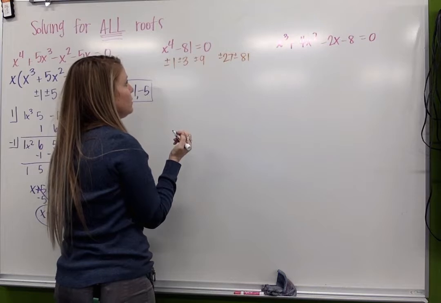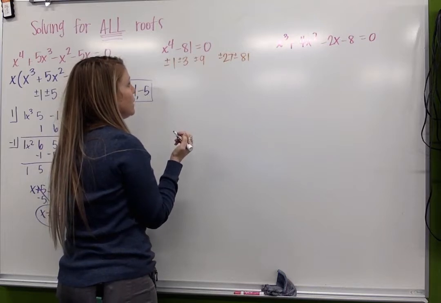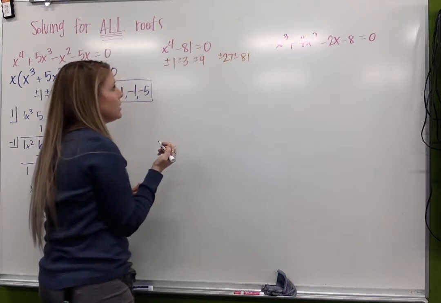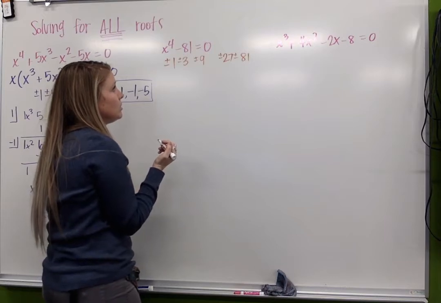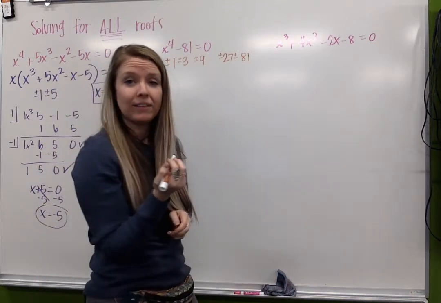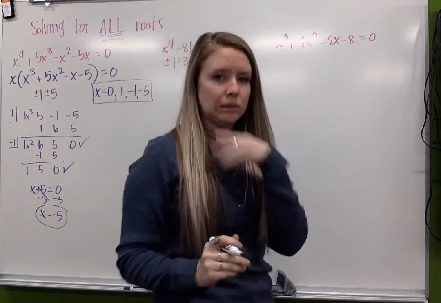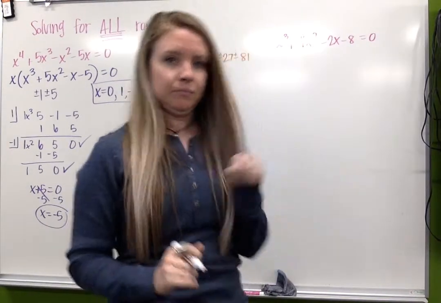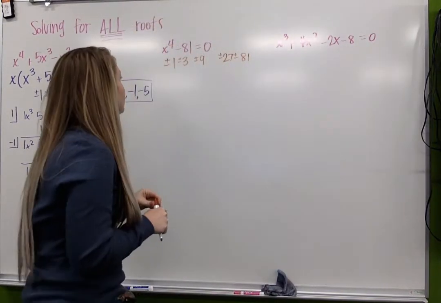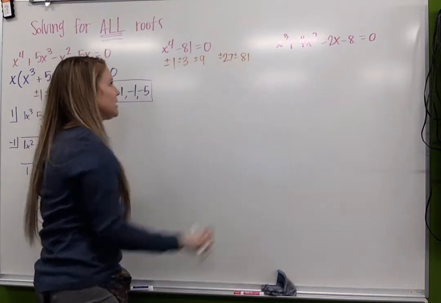Nice. 10, no, 11, no, 12, no. I hope those are all my factors. Shh, if they're not, I don't know. But that's a pretty good list, okay? So we've got 1, 3, 9, 27, and 81.